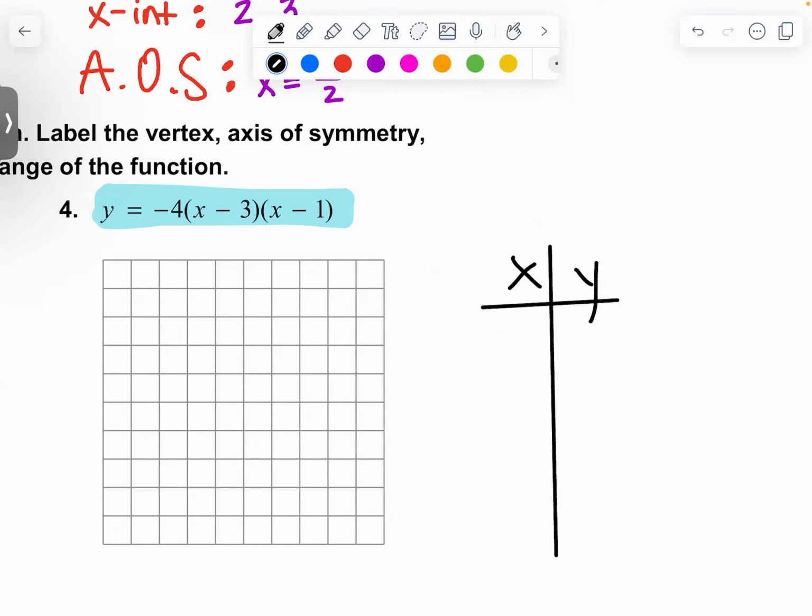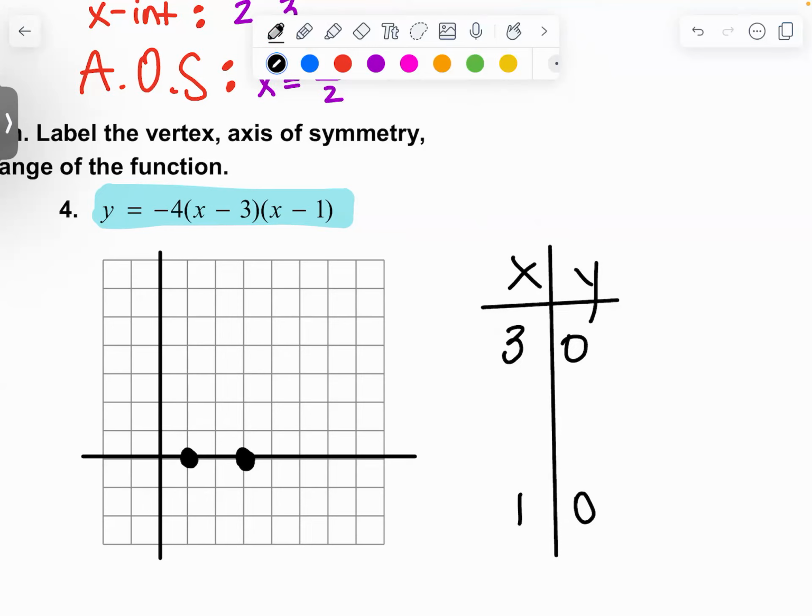Okay, so we're gonna call them 3, 0 and 1, 0. X-intercepts, the X is our number and the Y is the 0.